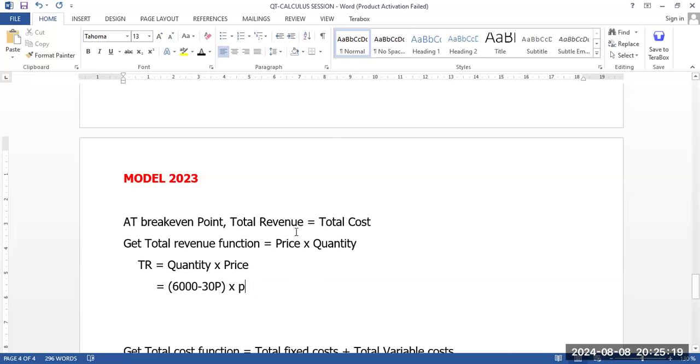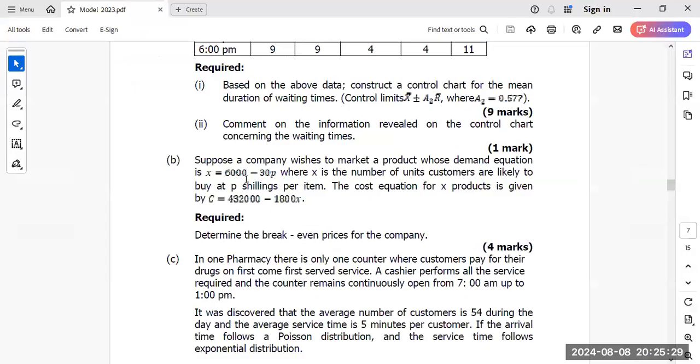If you want to put everything in terms of quantity, you first do a working. You have to first get P, then you get the price function. Once you get the price function, multiply by the quantity.